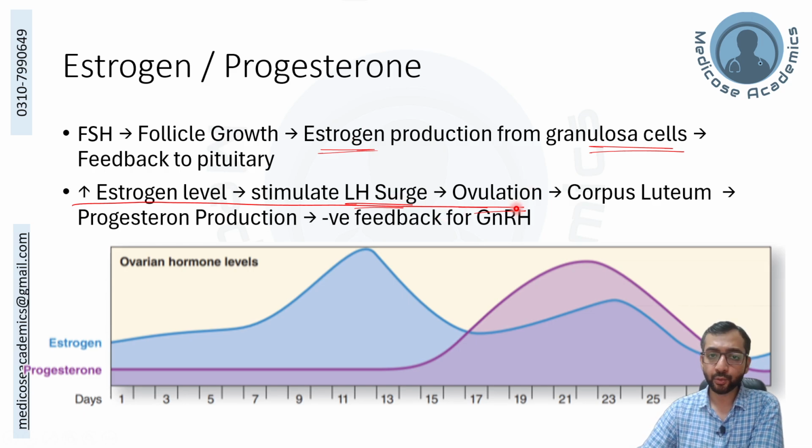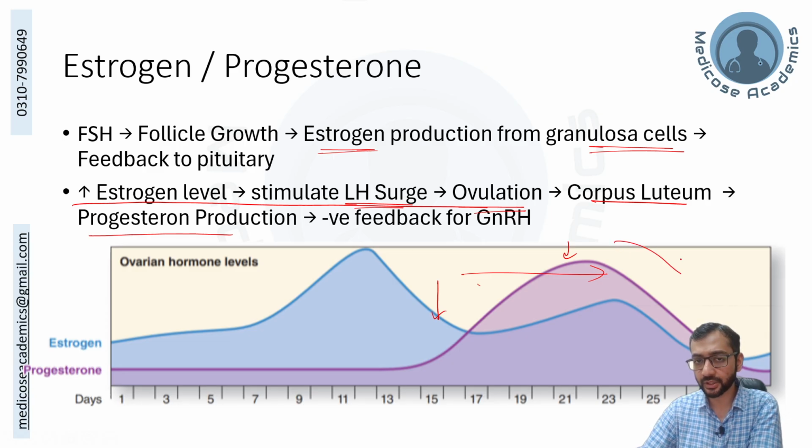Then you get to the corpus luteum, which is the one producing progesterone. After ovulation you have the corpus luteum and a high level of progesterone, and when the corpus luteum starts to degenerate, the levels of progesterone start to drop too.